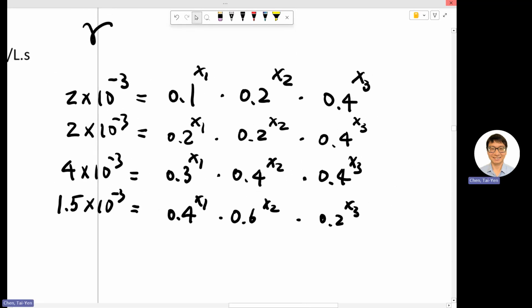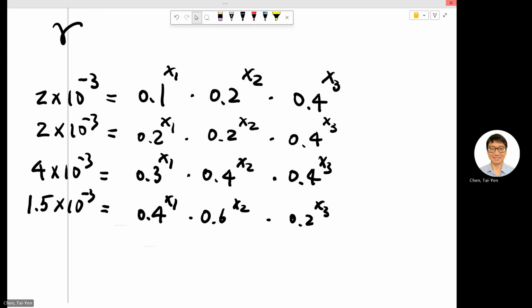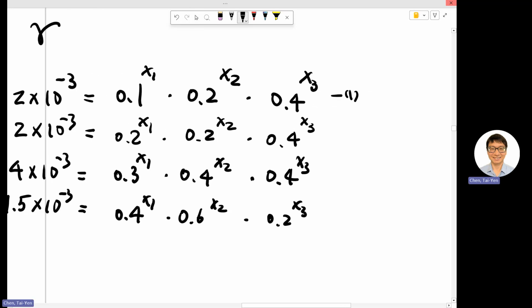If you look at the first 2 rows, you'll realize that the concentration of B is the same, the concentration of C is the same. The only thing that is different is A. These are your equations number 1, 2, 3, and 4.